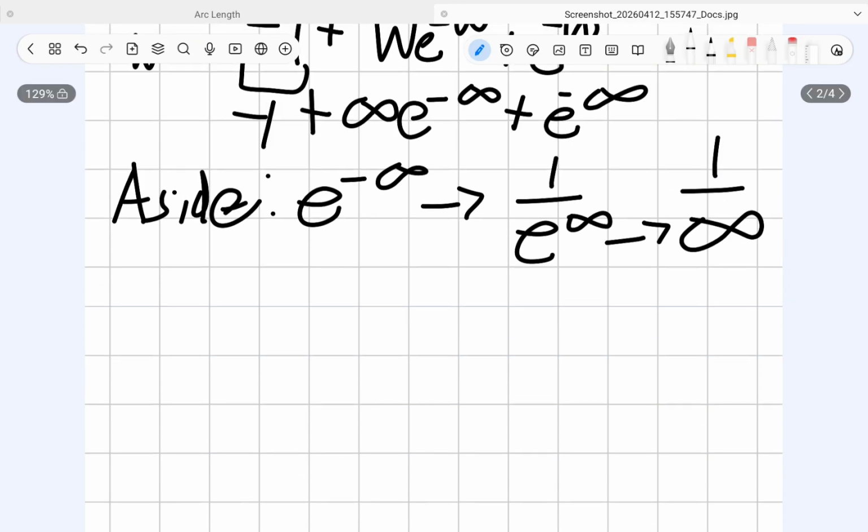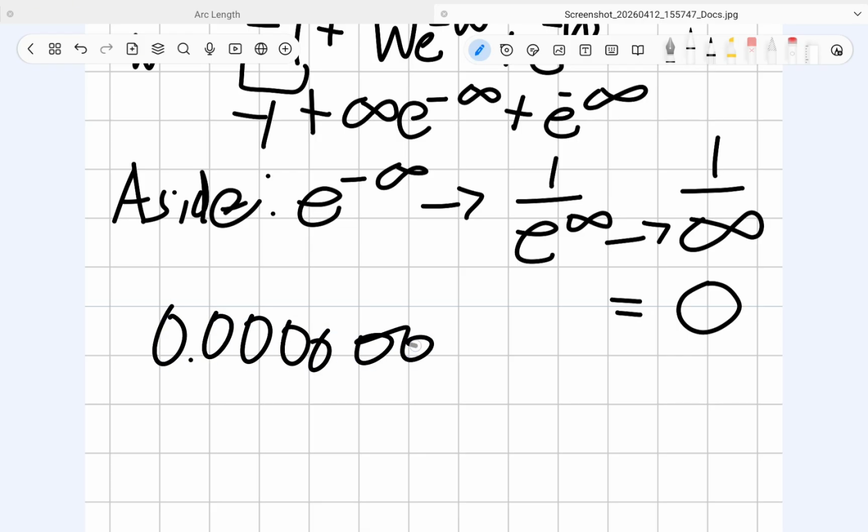And anything over 1 divided by infinity is actually going to converge to 0. So imagine infinity as an extremely large number, which it is. The number would end up looking like 0.000000000, and then there might be a 1 at the very, very end, which is way far down, right?